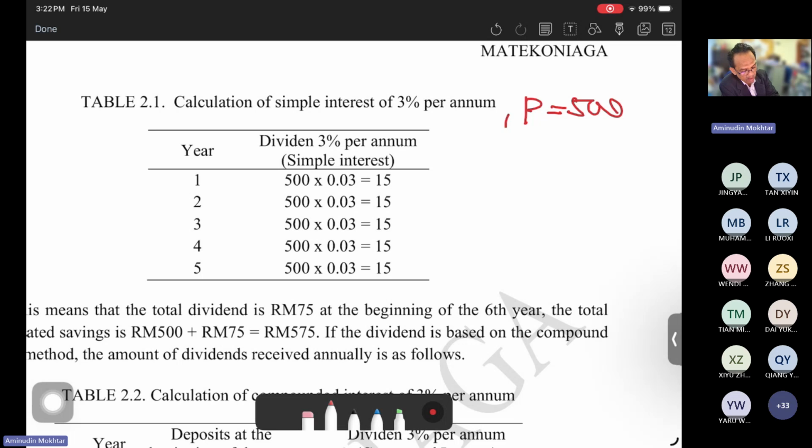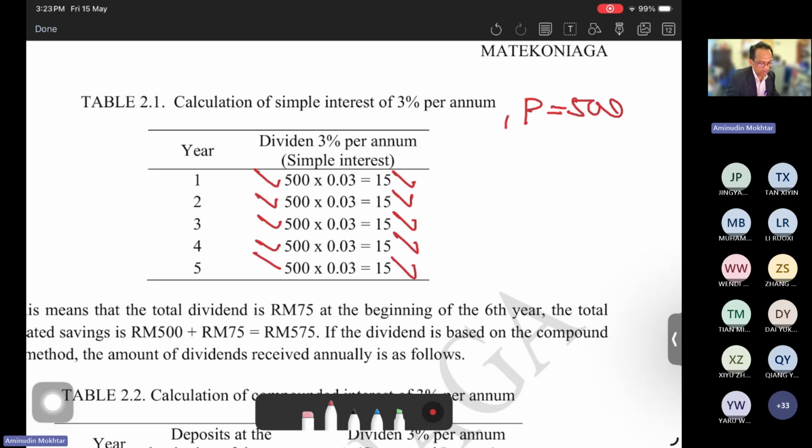You can see here, the amount of dividend is fixed at 50 ringgit, because in this case, the dividend is 3% per year, is 3% from the original amount of principal. That's why 3% every year. Every year you will receive 50 ringgit.